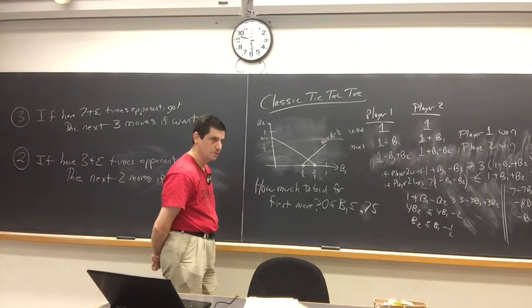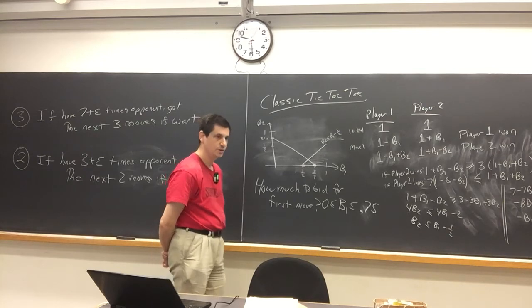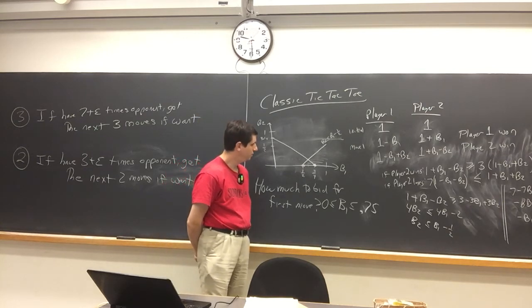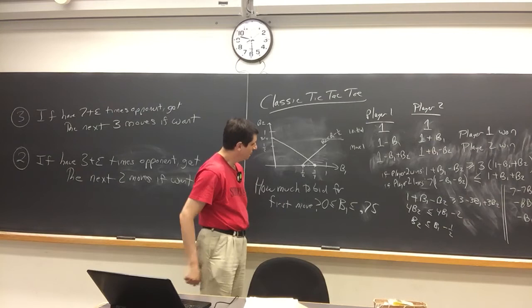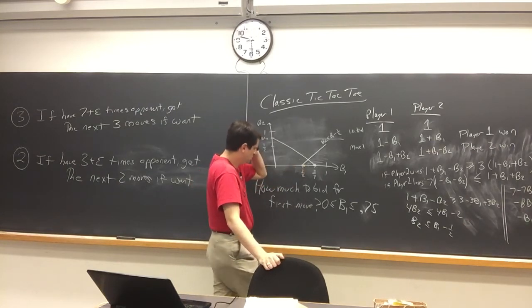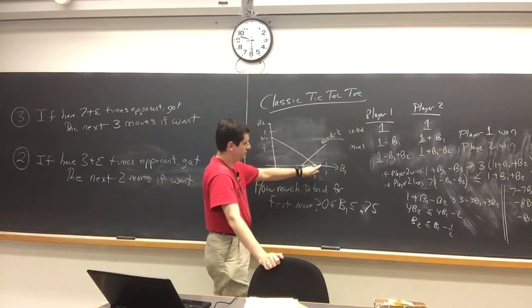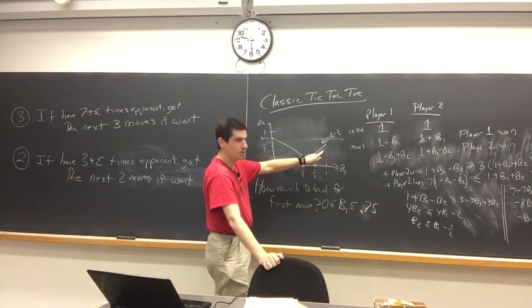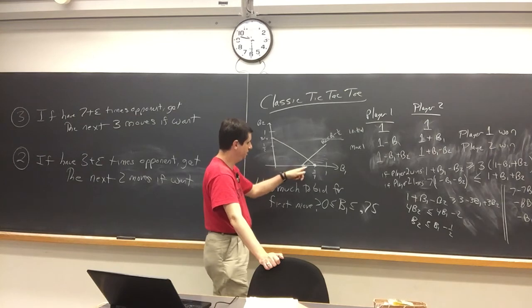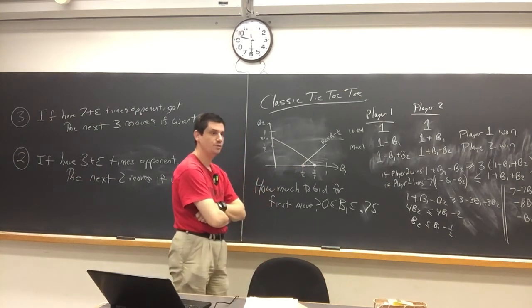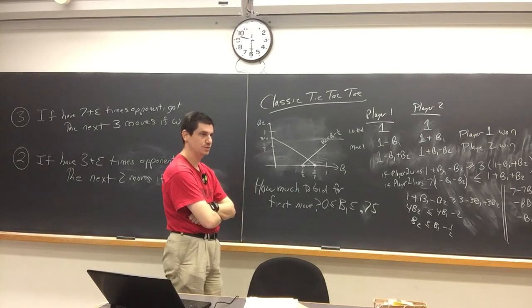No matter what player 1 does, if they win or if they lose, the next condition is fulfilled. So if we bid a huge amount on our first turn, then we're in trouble and player 2 has a winning strategy. If we bid too little, we should be safe at least for the next few moves.